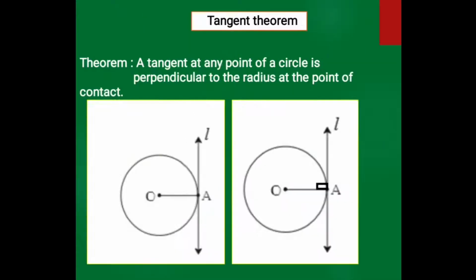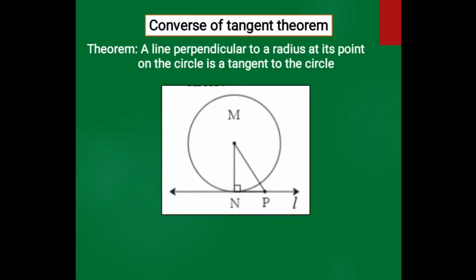In the tangent theorem we state that if a line is a tangent, then that tangent is always perpendicular to the radius. Now in this statement we state that a line perpendicular to a radius at its point on the circle is a tangent to the circle. That means if a line is perpendicular to the radius, then that line is a tangent of that circle.